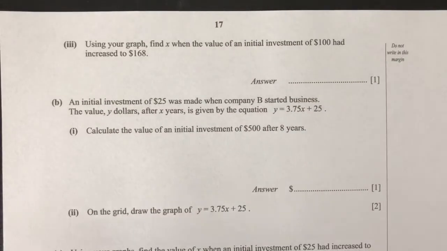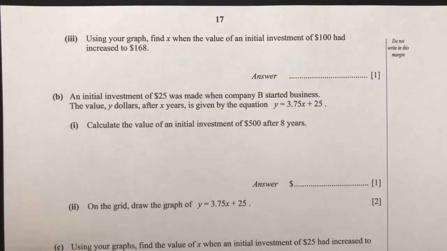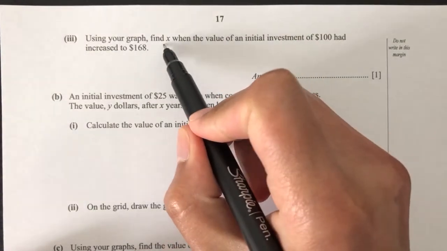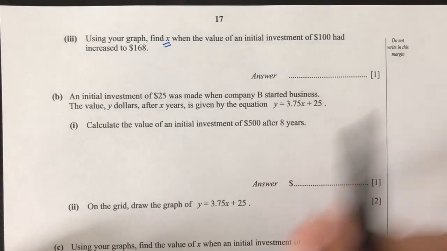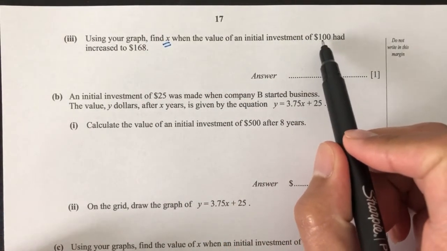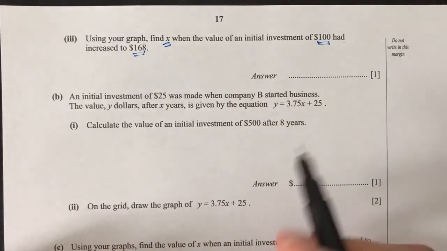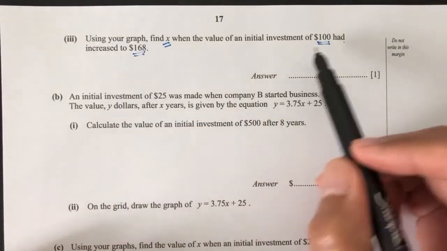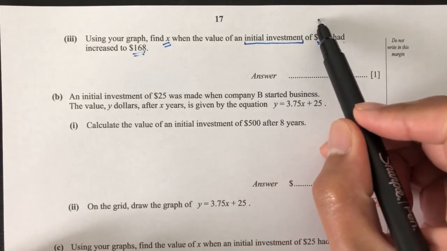It says that using a graph, find the value of x. So you know what is x? X is number of years, right? Find the number of years when the value of an initial investment of $100 had increased to this. So the thing is that with a graph, our initial investment is not 100, it is 25.